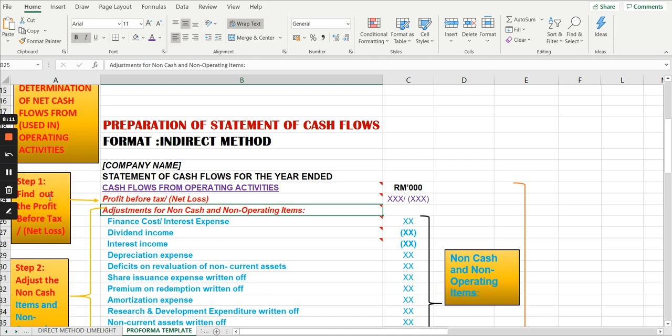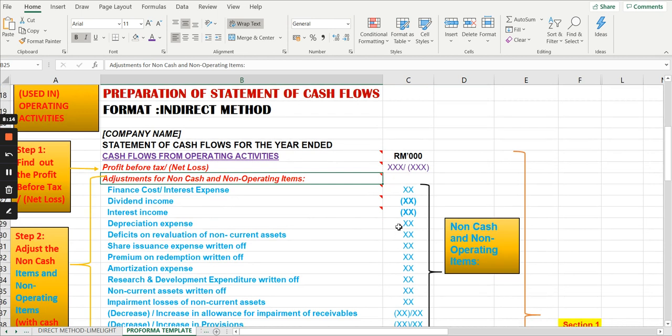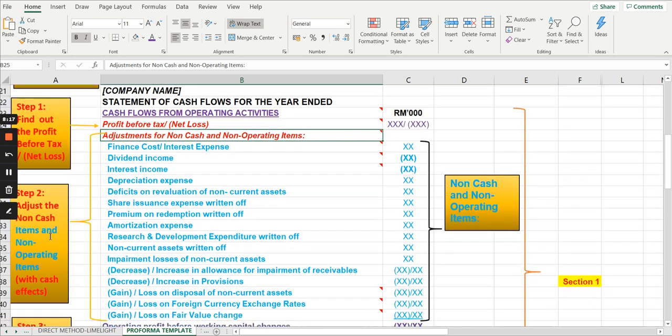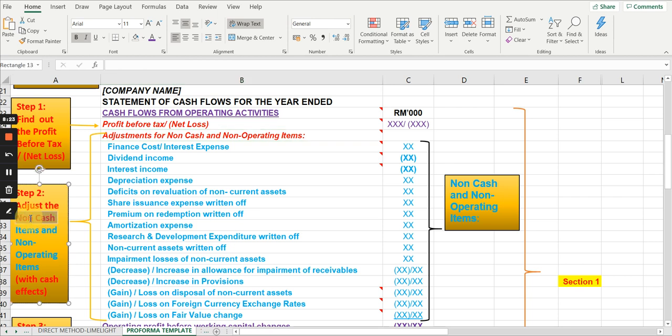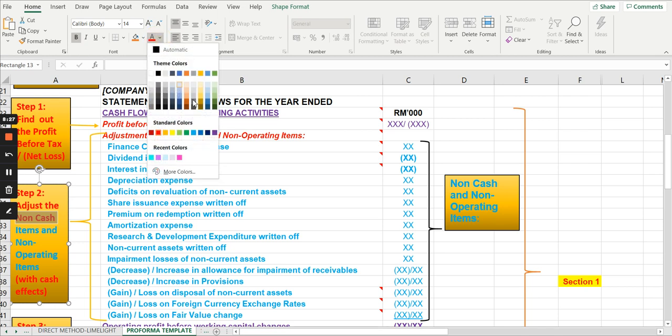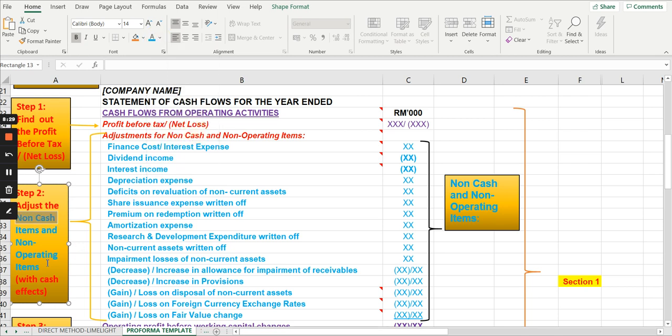Okay, step 1 is to find out the profit before tax or any net loss using the tips that I've given you. Step 2 is that you need to adjust the non-cash item as well as non-operating item, non-cash and non-operating item from the profit before tax.